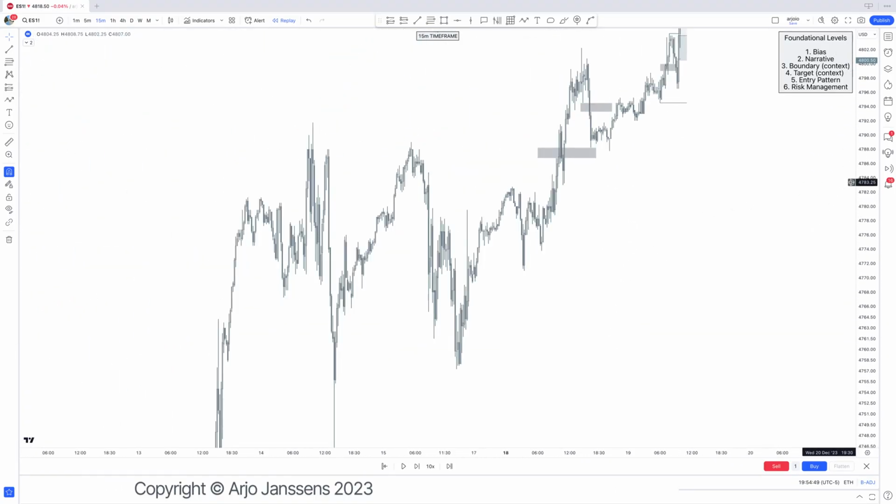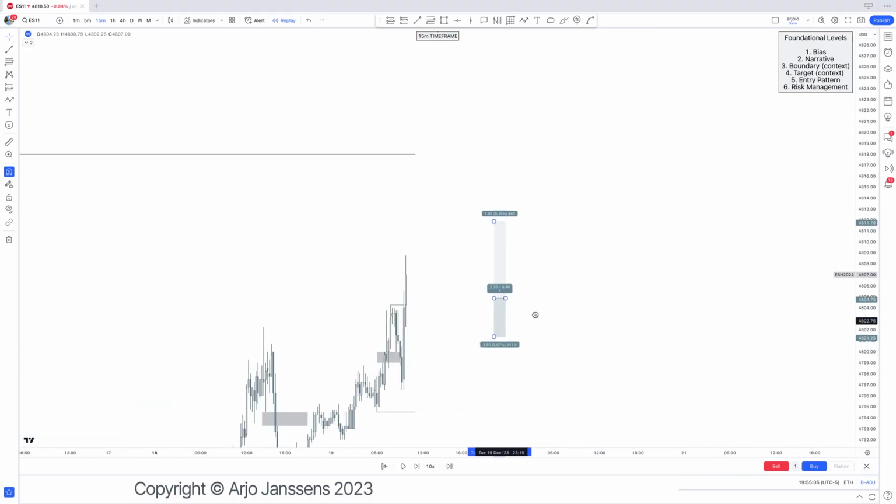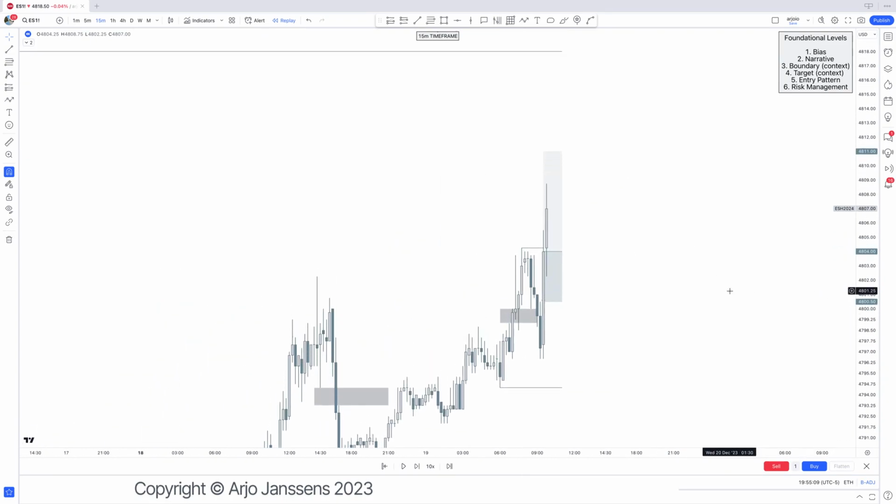Perfect. Yes, we can potentially do that. But the fair value gaps right there are just simply not pointing towards that daily fair value gap right now. So why would we force a trade into that daily fair value gap if the lower time frame price action is just simply telling us that we want to continue higher right now? So eventually this trade plays out right there.